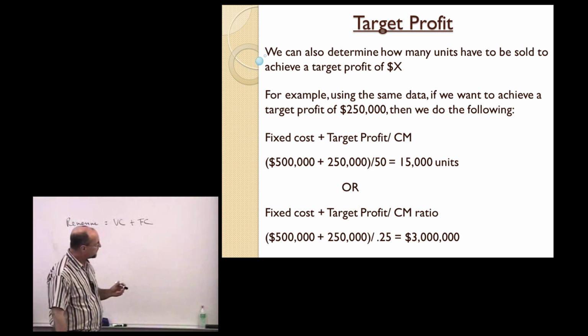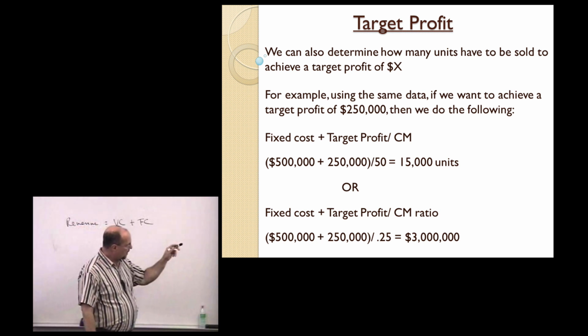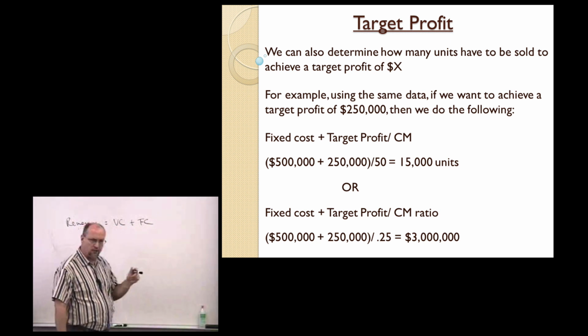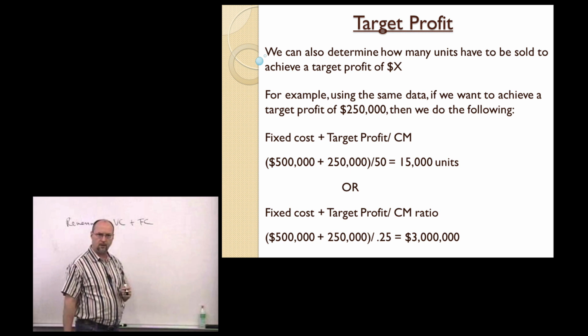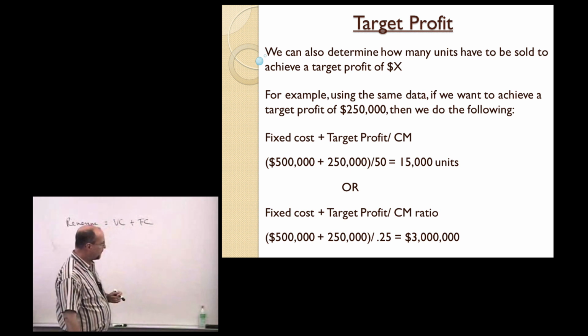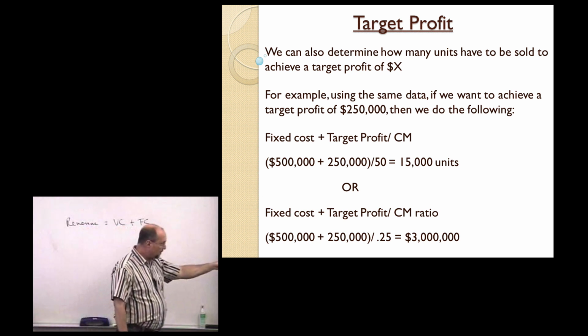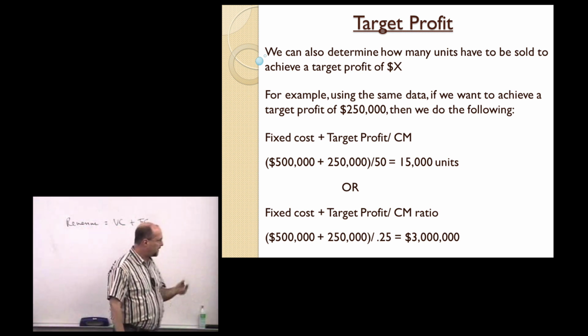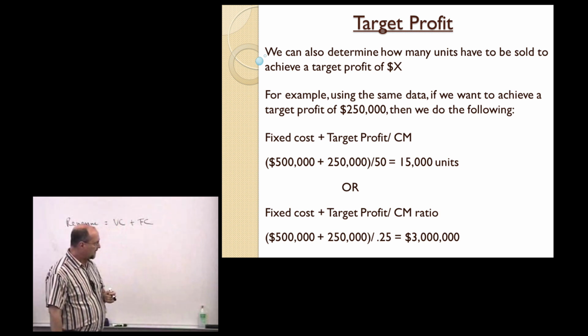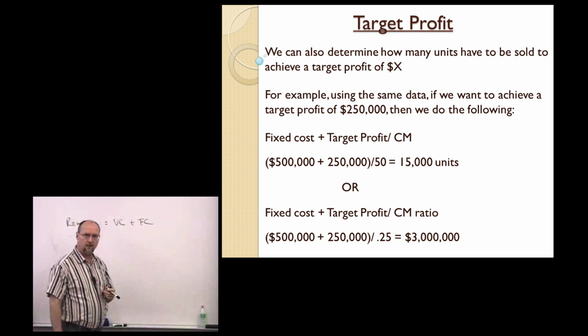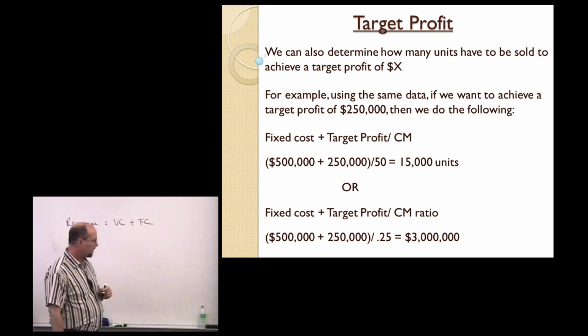And look what we did. We said fixed cost plus target profit, add those two numbers together, that's your numerator, and divide it by the contribution margin. Okay, now from the previous example, if we want to achieve a target profit of 250, then fixed cost of 500 plus the 250 target profit divided by the contribution margin of $50 per unit, we'd have to sell 15,000 units to achieve a $250,000 profit.